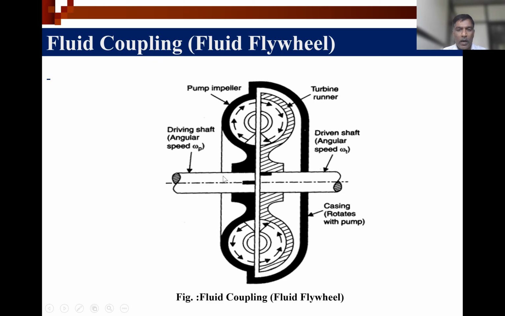There is another shaft called the driven shaft, on which there are turbine runners. Here there are only two components. The first component is the driving shaft, and on that driving shaft there is the pump impeller.